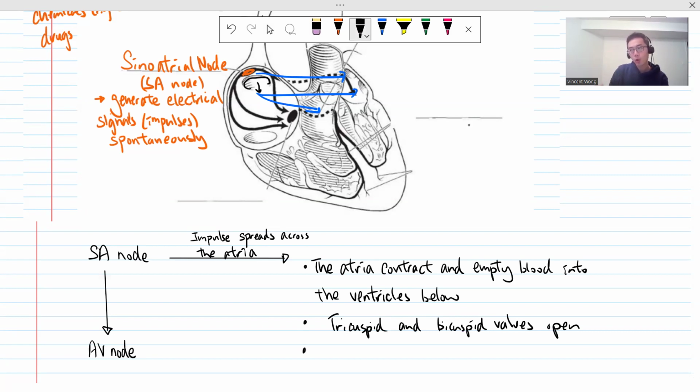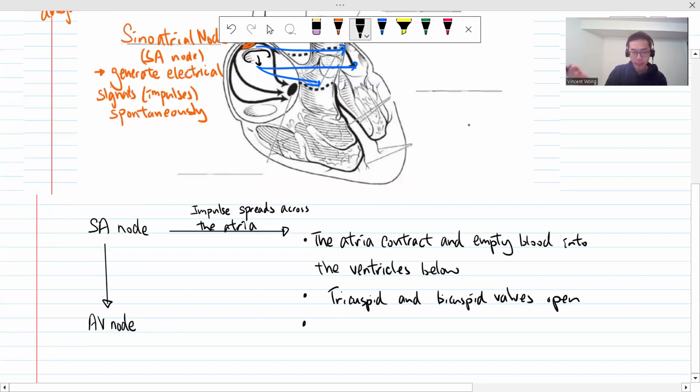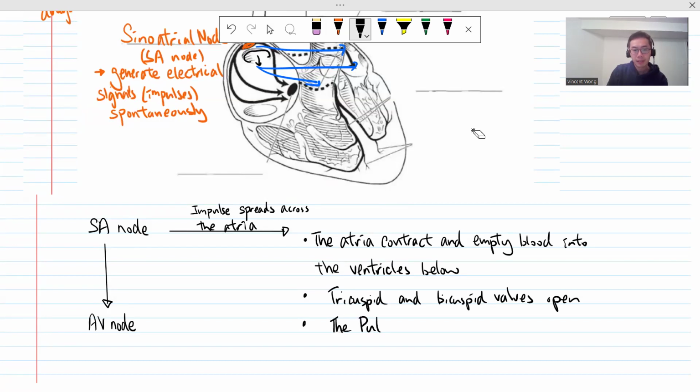And we don't want the blood to be escaping from the ventricles before they are completely filled up. And so when the tricuspid and bicuspid valves are open, at this point, the pulmonary and aortic valves are closed.